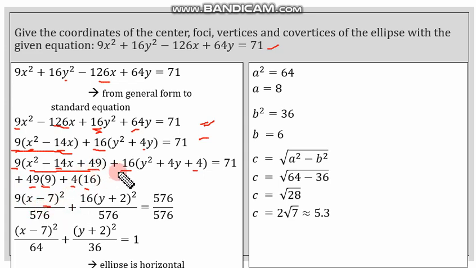And then for our y group, y squared plus 4y plus 4, this is a perfect square trinomial. Just divide the coefficient of y by 2. So 4 divided by 2 is 2. So that's y plus 2 quantity squared. Just carry the 16. 71 plus 49 times 9 plus 4 times 16.